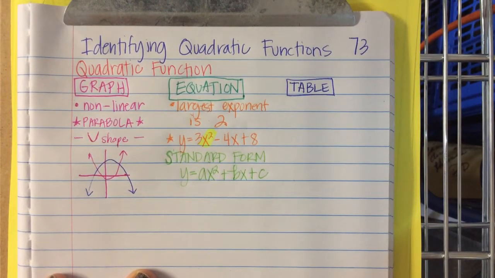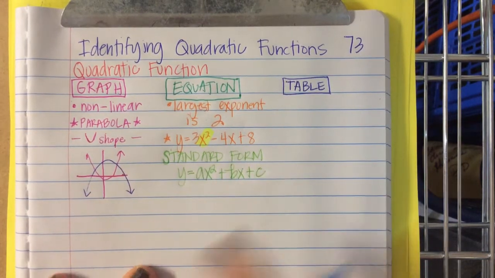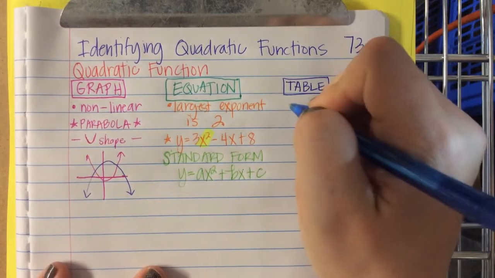Tables. This one I think might be the most confusing of the 3 identifications. It's definitely the most work. Copy this table.